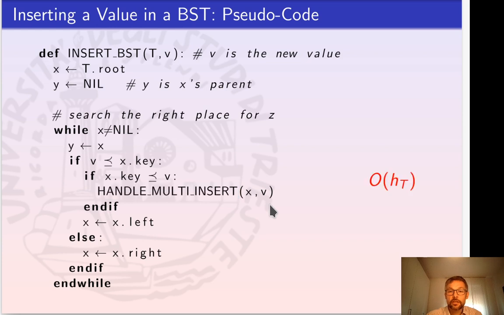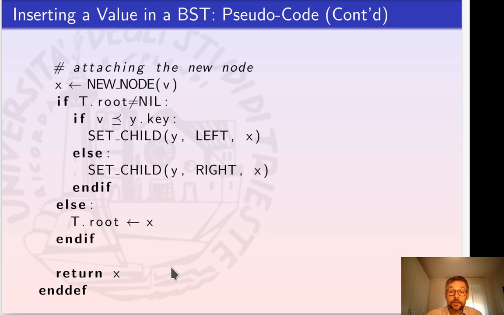And what's the complexity of all this? Well, the complexity is, of course, big O of the height of the tree, as in searching.